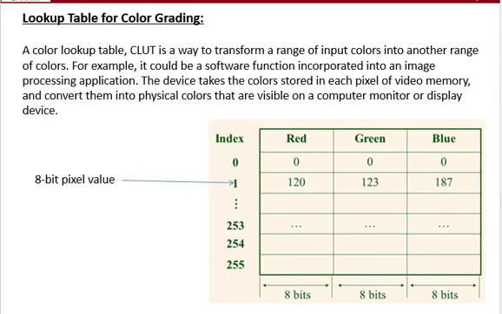Here in index, we have values from 0 to 255. The values of red, green and blue can range from 0 to 255. From a range of red color, green color and blue color, we can create a new color. This is known as the lookup table.